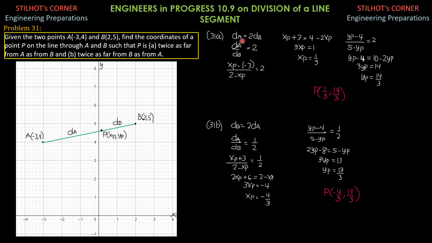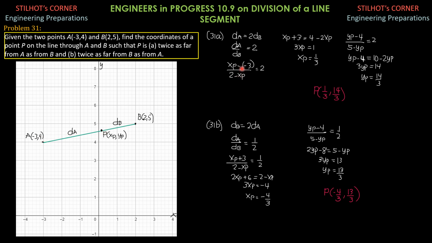So that means distance A is 2 times distance B. Distance A over distance B is 2. And the ratio of their distances is also equal to the ratio of their corresponding horizontal projections. And the horizontal projections would be distance from A is right x, x sub p, minus left x, negative 3.